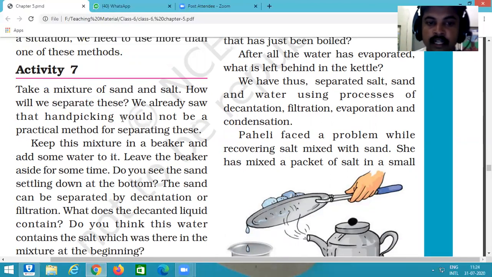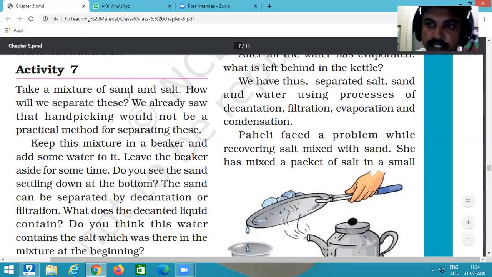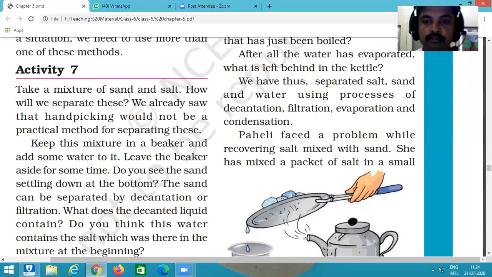We saw that hand picking was not a practical method for separating salt from sand, because it is used to separate large particles. But here sand and salt are both small particles, so we cannot separate the substances by hand picking. We need a different method to separate the mixture.